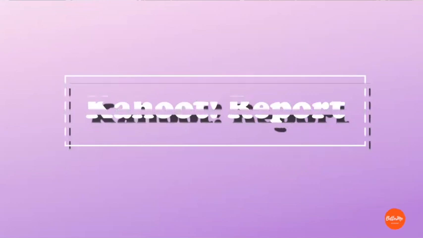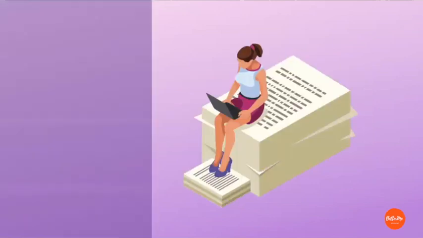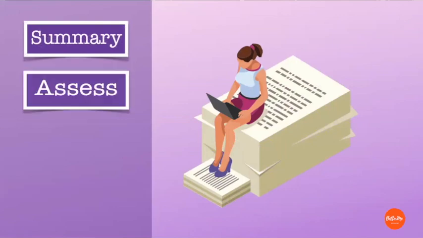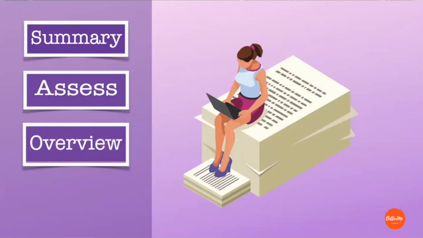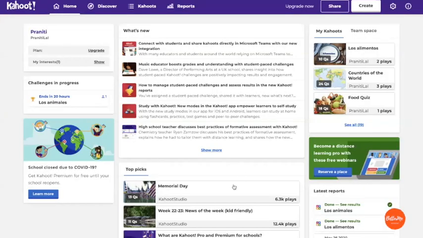Reports. Reports are great for having a look at the summary of the assessments. You can use Kahoot reports to assess learning outcomes. These reports provide a visual overview of analytics with actionable insights. Click on Reports to find results of all games hosted or assigned.